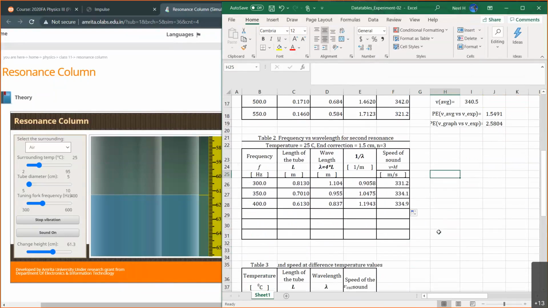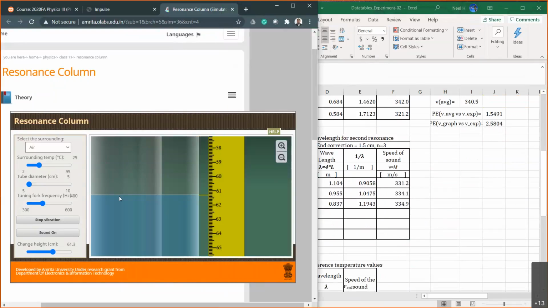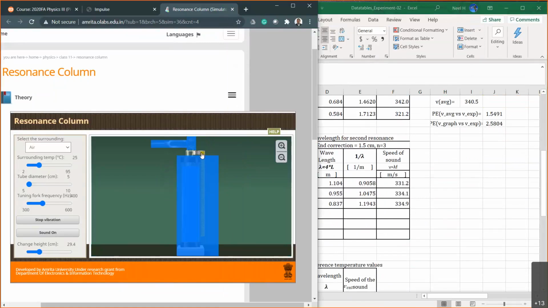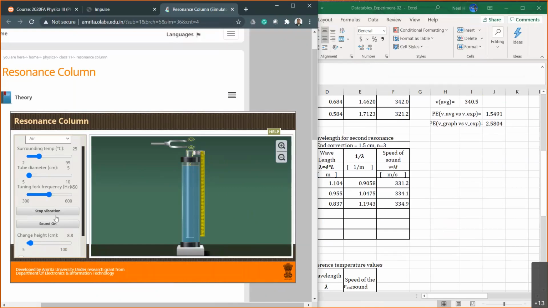All right, question. Let's do then 450. We're going to bring this all the way back to the starting point. And 450. 450, sound on.